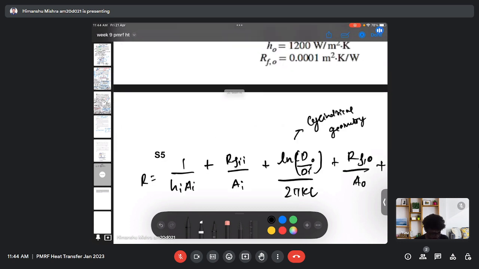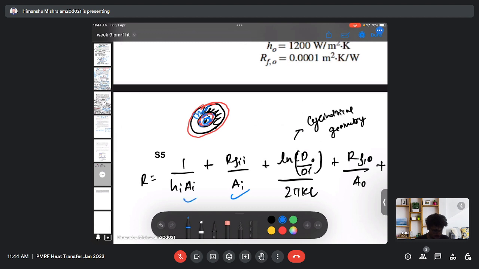So basically we have been given a pipe. So this is my pipe. So this is my first resistance. Then there is a fouling factor which is coming due to the impurities. So here there is an inside fouling factor, and here it is the outside fouling factor. So the resistance coming from h_i first, the inside convection heat transfer due to fluid. Then my inside fouling factor, which is this.